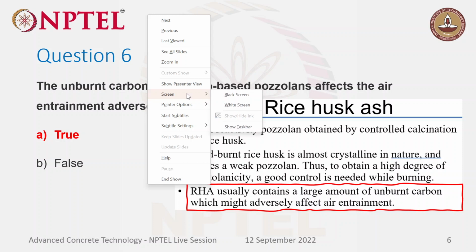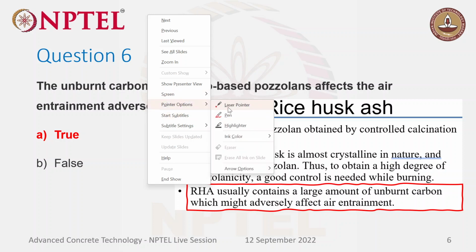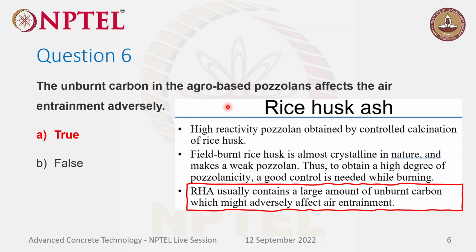So these biomasses are burnt in small scale industries, like sugarcane mills, rice mills or the paper industry, where they burn locally available rice husk, sugarcane bagasse or any other agro-based biomass for energy generation, right?